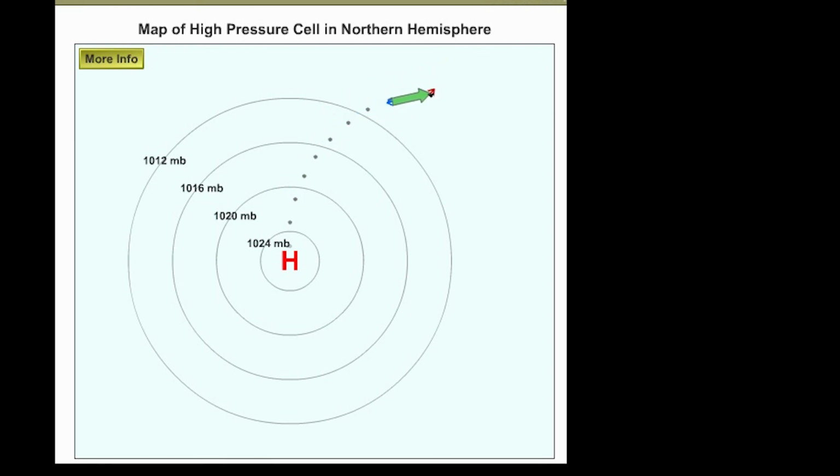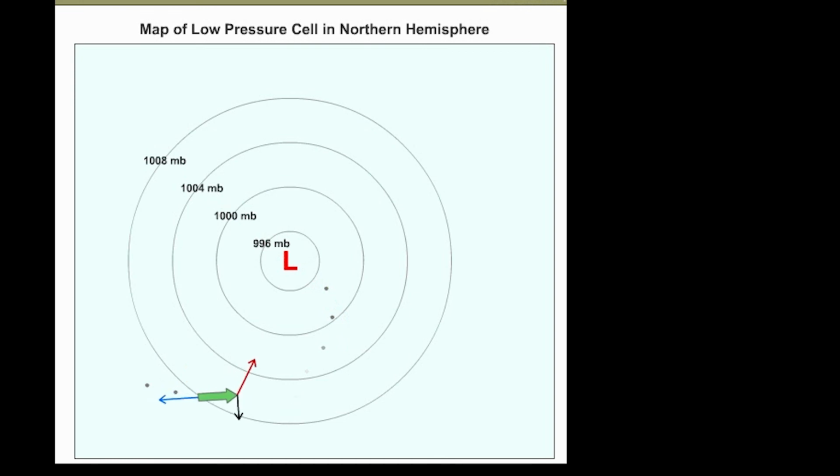If we have a look at a low pressure cell, then as air moves in following the pressure gradient, the red line, it wants to move into the low pressure system. But again, because we're in the northern hemisphere, Coriolis wants to deflect it to the right, but friction will slow down that effect.